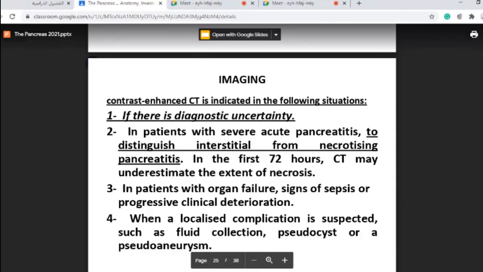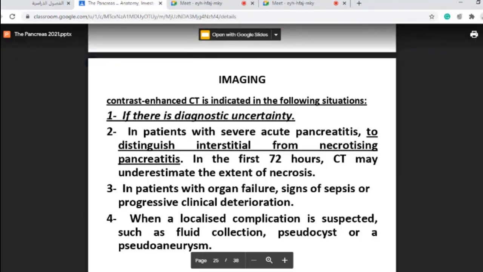The patient may have, as I told you, perforated peptic ulcer. In this condition, he needs immediate surgery. So if you have suspicion and are not sure of a clinical diagnosis, we should prove it or disprove it by CT scan with contrast.